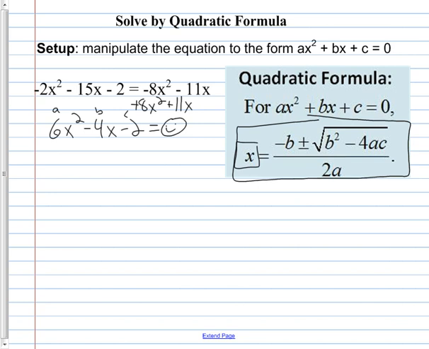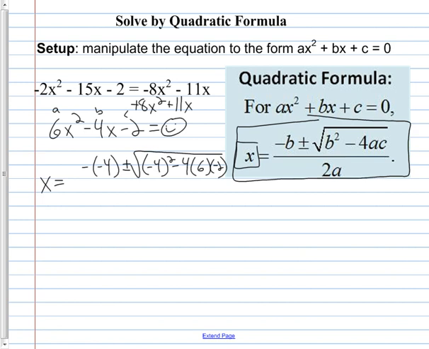So here we go. x equals negative b, so negative b plus or minus the square root of b squared minus 4ac. Parentheses are essential. If you want to get this correct, you have to put every a, b, and c in parentheses.